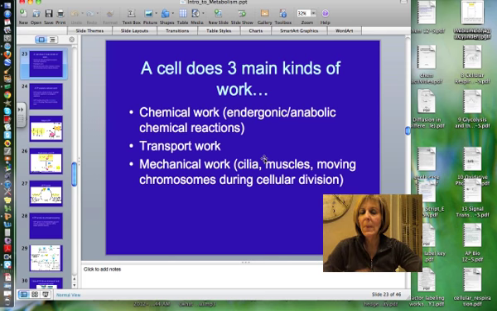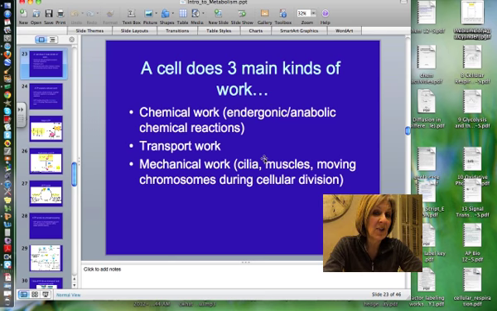Remember, the whole purpose of all this is that the cell needs to be able to do work, and the cell does basically three categories of work. First, chemical work: taking the energy from breaking down big molecules into smaller ones to run anabolic, or building, chemical reactions.